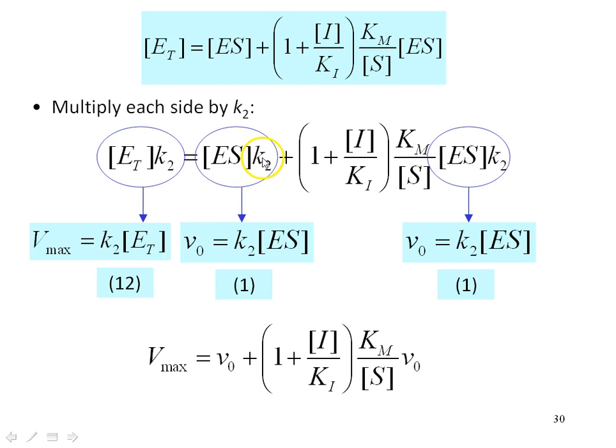I know that K2 times the enzyme substrate concentration, from just the Michaelis-Menten kinetic model, is V0, so from equation number 1, that term becomes V0. This term becomes Vmax, and this is also V0 because it's enzyme substrate concentration times K2. So here is my result.